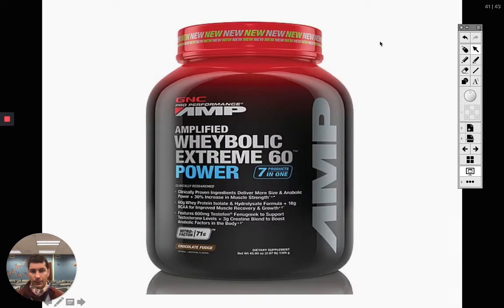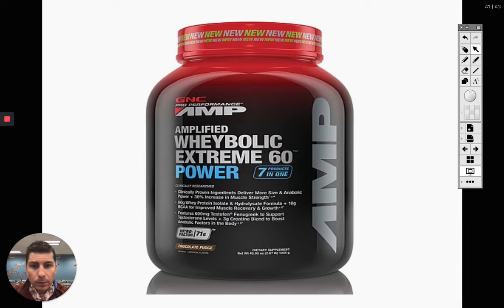All right. So, a while ago, GNC made this protein for people who work out. And it was called Wheyabolic Extreme 60. All right. Wheyabolic is just, it's protein powder, guys. That's all it is. So, what does the 60 mean? The 60 means in one serving, we have 60 grams of protein.